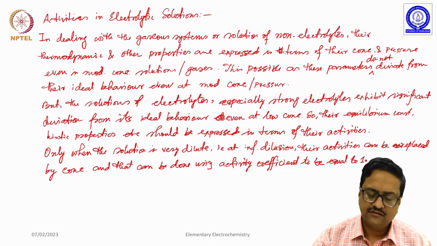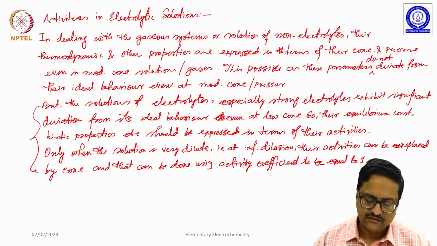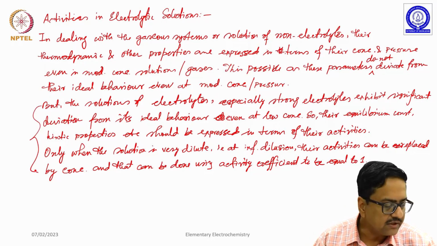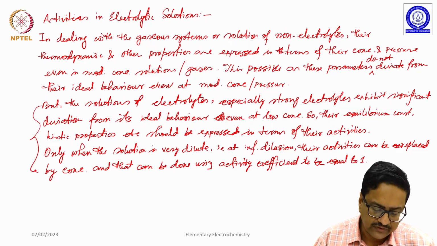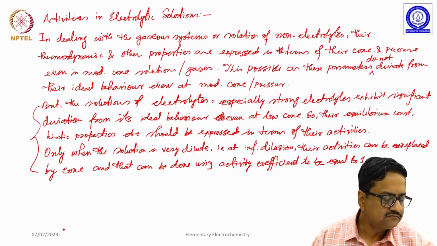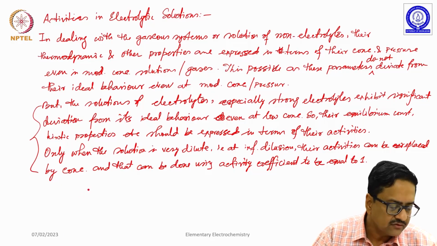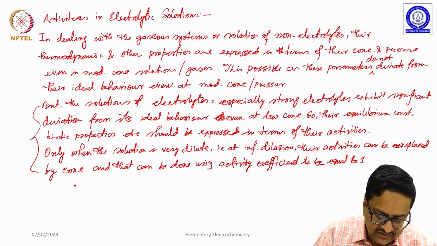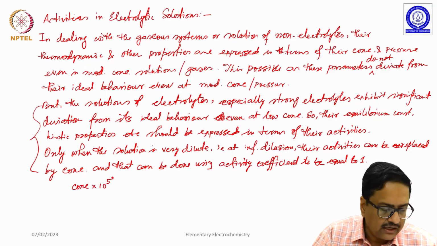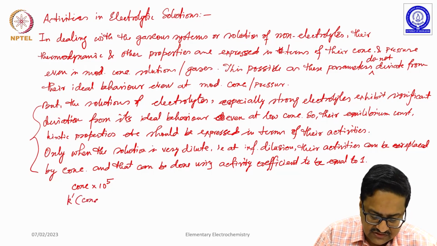So, this statement is an outcome of a table which I am going to quickly write here. It is the table for acetic acid, where we have a varying concentration, and the values that are measured are K prime in terms of concentration.